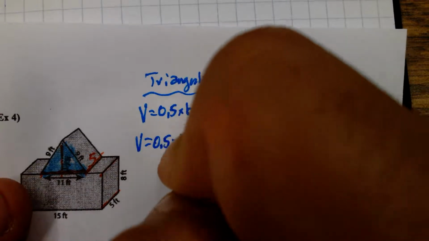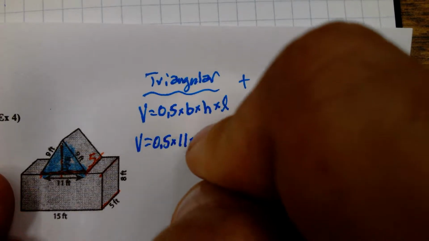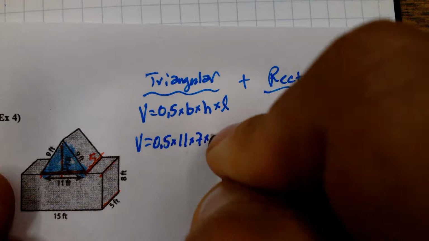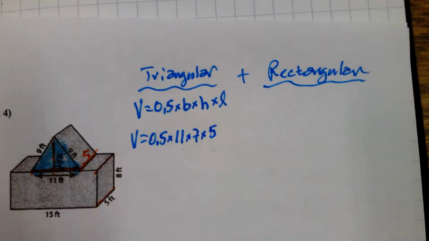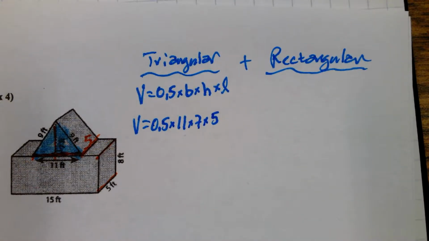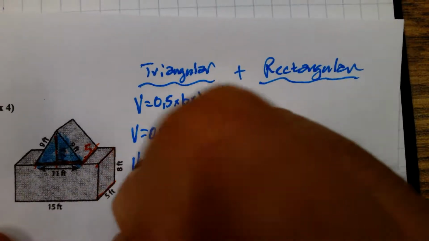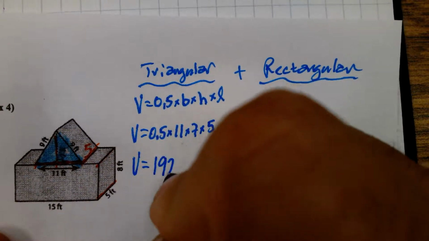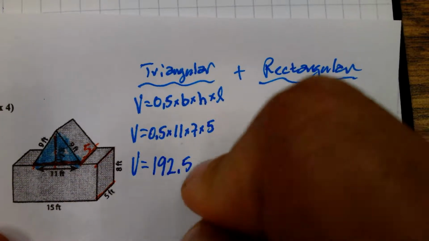So 0.5 times 11 times 7 times 5. Let's go ahead and multiply those. 0.5 times 11 times 7 times 5, and we get 192.5. And that's cubic feet.